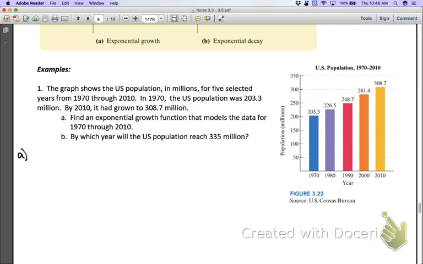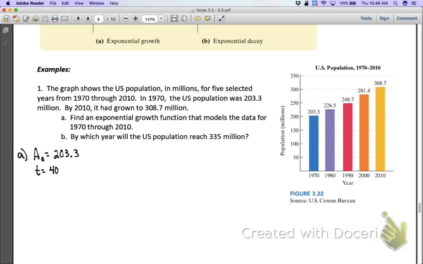So first thing we need to know is, what do we have as far as my values are concerned? Well, first off, we have to know what our initial amount is. So our initial population in this case is 203.3. The time was 40 years, and we've got to figure out what our K is, or what our constant value is.